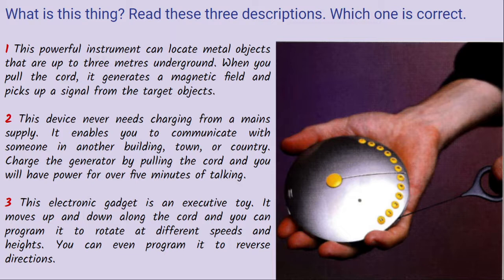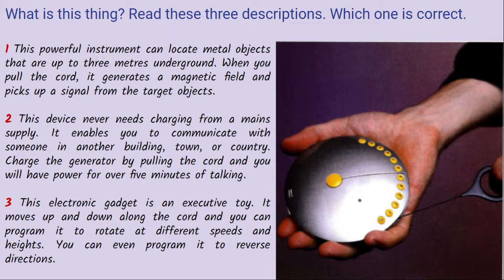So, in the first description, we have an instrument that can locate metal objects underground. The second one is like a chargeless telephone. And in the last one, we have a gadget, a toy that you can move up and down along a cord, and you can program it with different speeds, heights and directions.